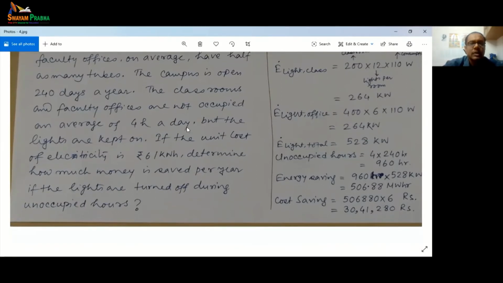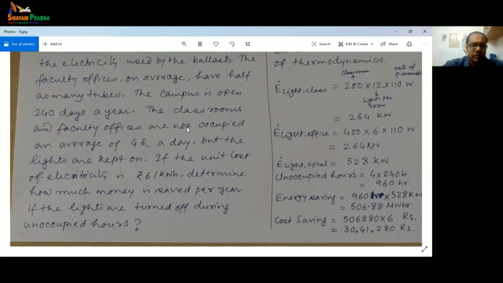When a faculty member is taking a class, or is busy in a discussion room somewhere, his own office is not occupied. If we take the data for everybody, on average it's 4 hours a day. And each classroom is also not occupied 4 hours a day on average.